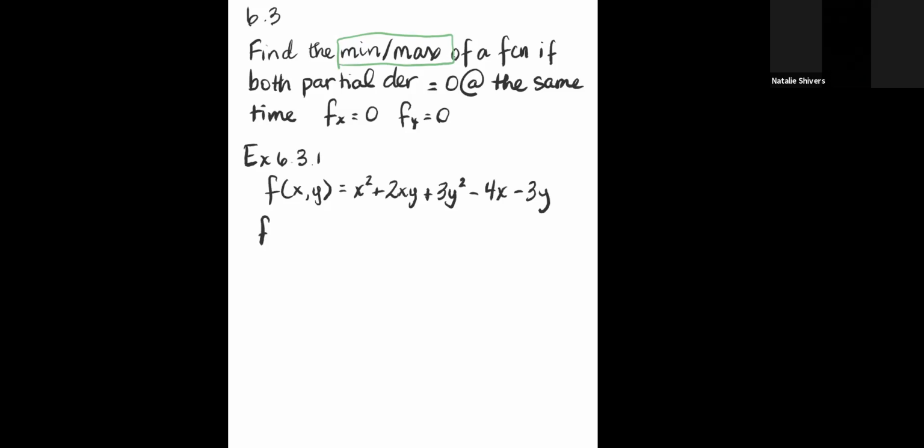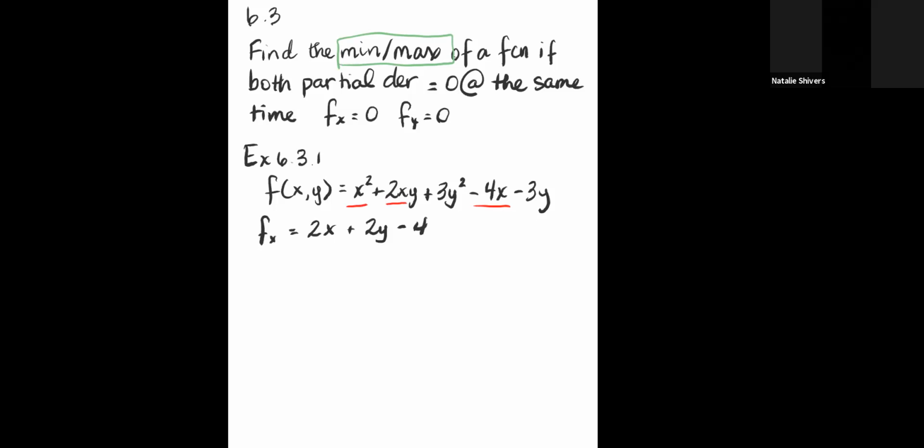So let's do f little x. Okay, and again, we're going to take all of the pieces that involve x. Here's my x's. So I get 2x plus 2y minus 4.